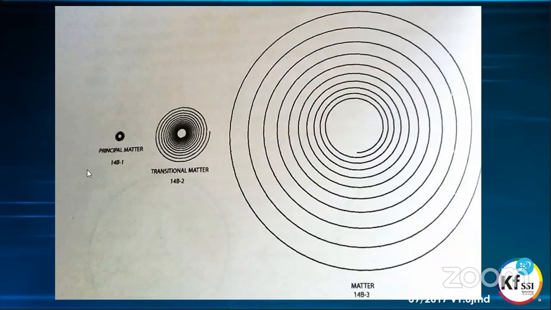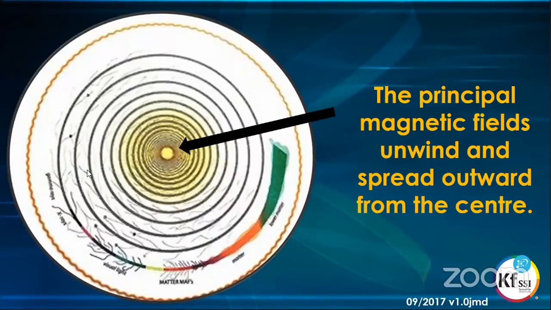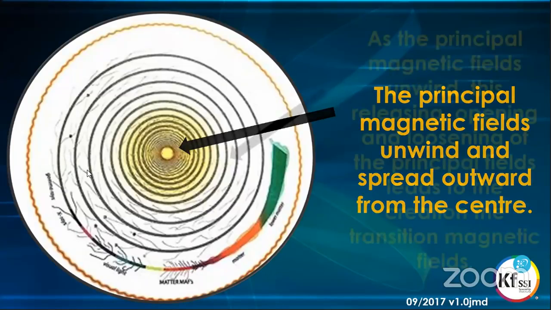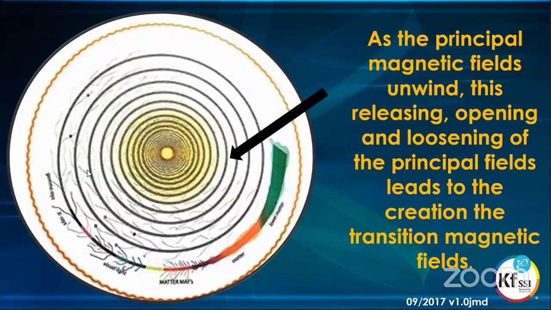Now, as we move out from the center point, the principal magnetic fields unwind and spread outwards from the center, just like a spring would. And as these principal fields unwind, it's this releasing, opening, and loosening of these fields, which leads to the creation of what we call transition magnetic fields.